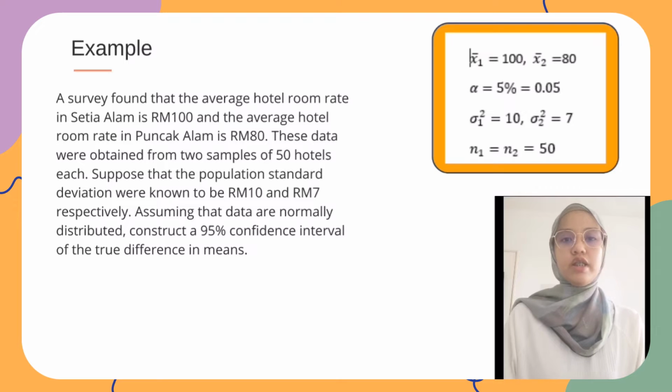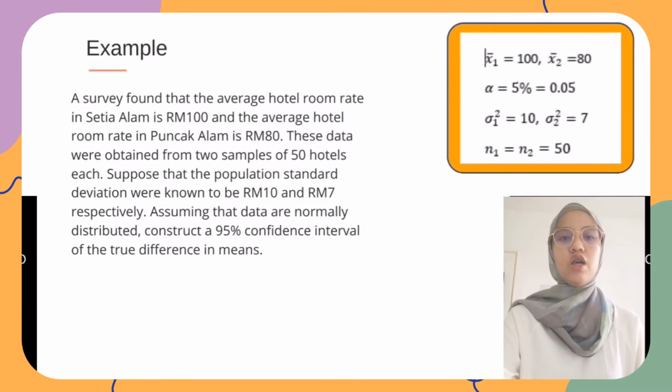From that question, we know that the sample mean 1 is 100 and sample mean 2 is 80. Alpha is 5%, which is 0.05. We know that the standard deviation 1 equals 10 and the standard deviation 2 equals 7, and n1 equals n2 equals 50.